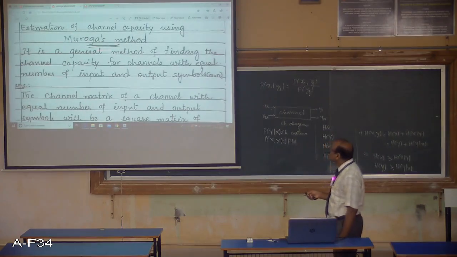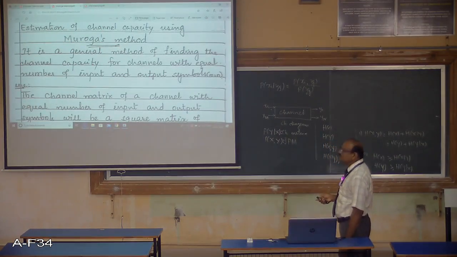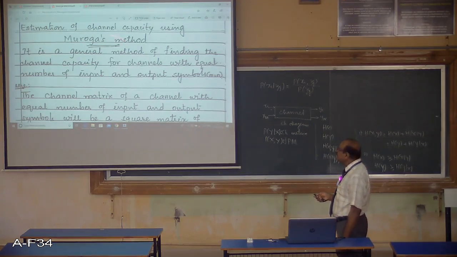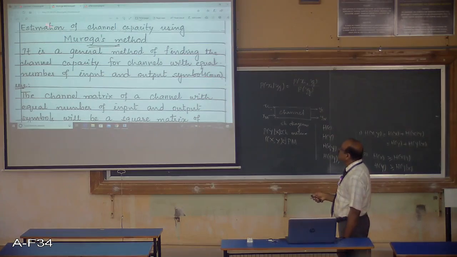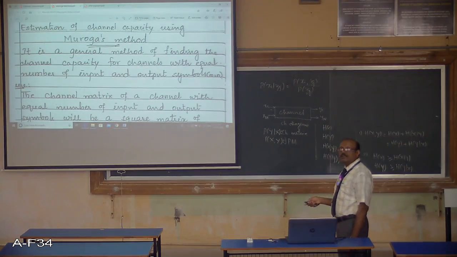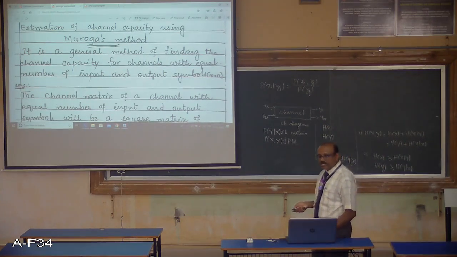Muroga has given an easy method for estimation of channel capacity for a particular case. It's a general method of finding channel capacity with equal number of inputs and outputs. Under this special case, Muroga has given a simple method of estimation of channel capacity.